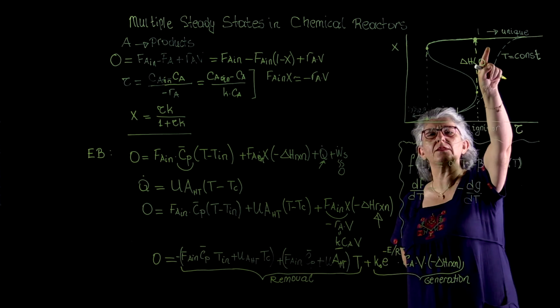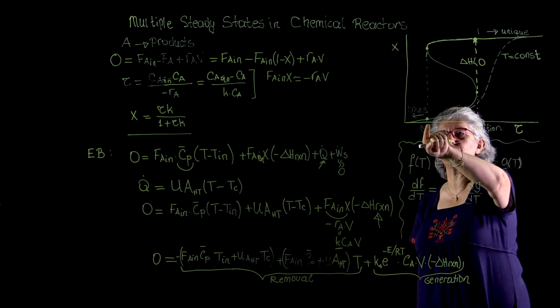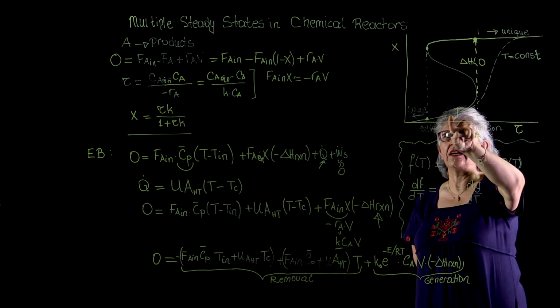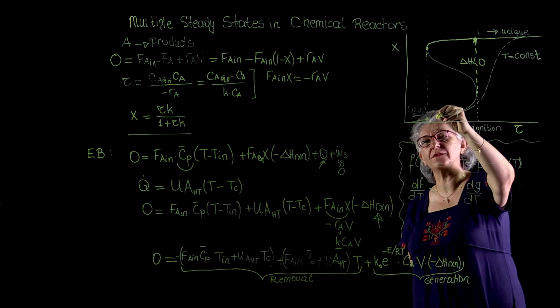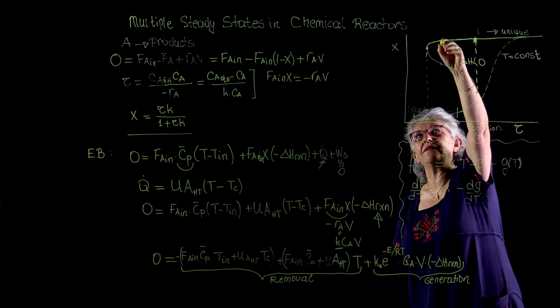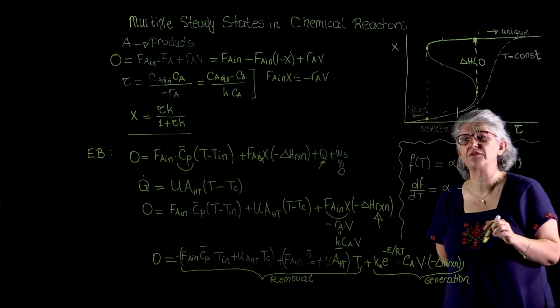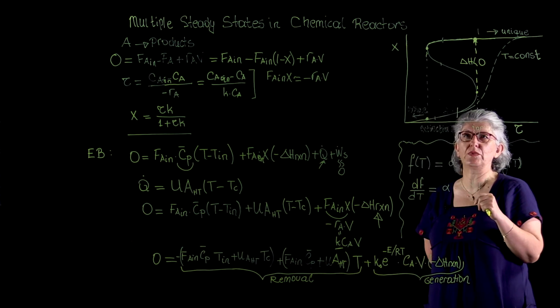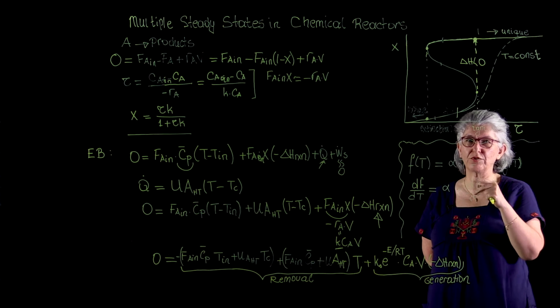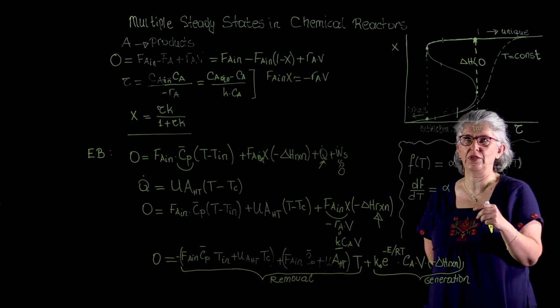Between the uniqueness boundaries, however, the points of extinction and ignition, for the same space-time, we have 1, 2, 3 values for conversion. We have 3 different conversion values. And those 3 different conversion values correspond to actually 3 different temperature values.